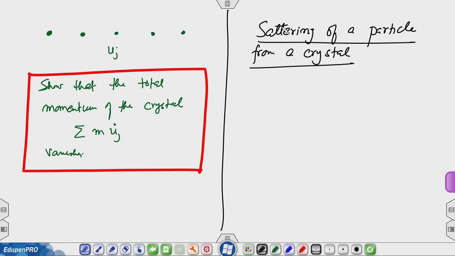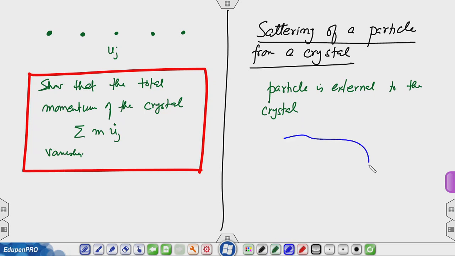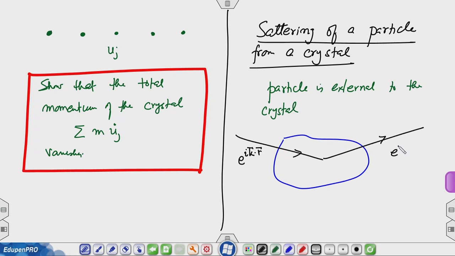So, what we are going to say is that there is a particle which is coming in. This particle is external to the crystal. So, what we are considering here is this crystal and there is a particle that comes in with some de Broglie wave e raised to i k dot r and gets scattered and goes out with e raised to i k prime dot r.